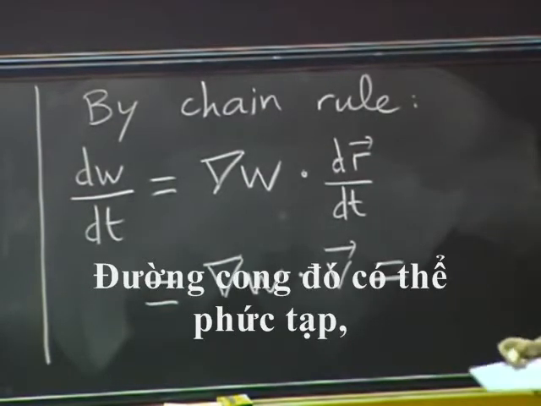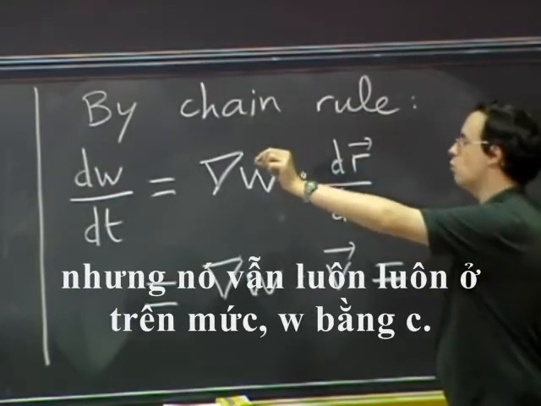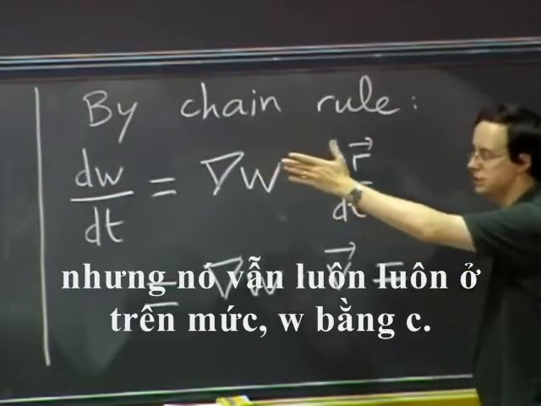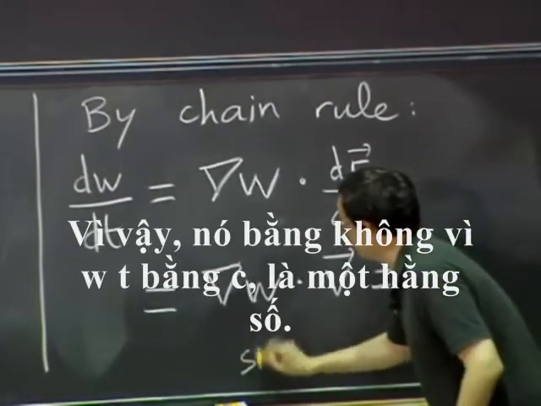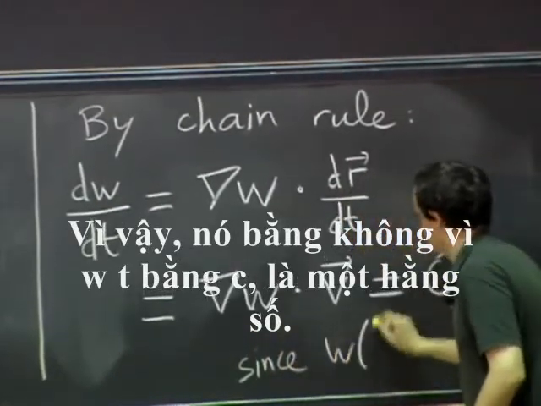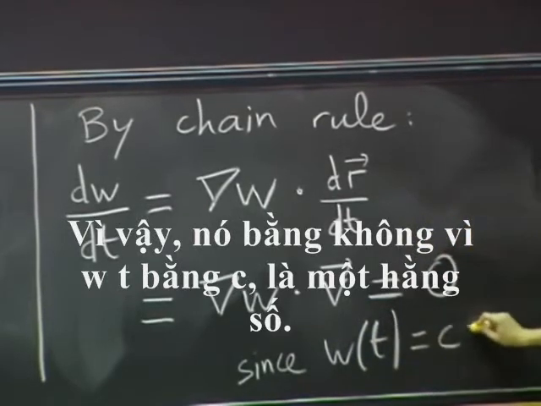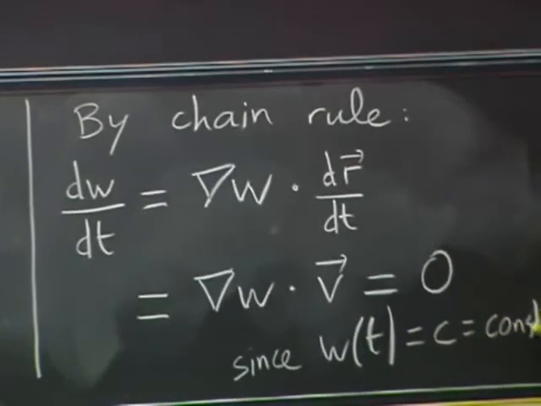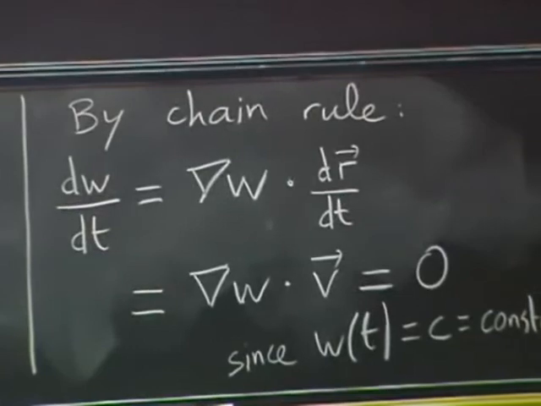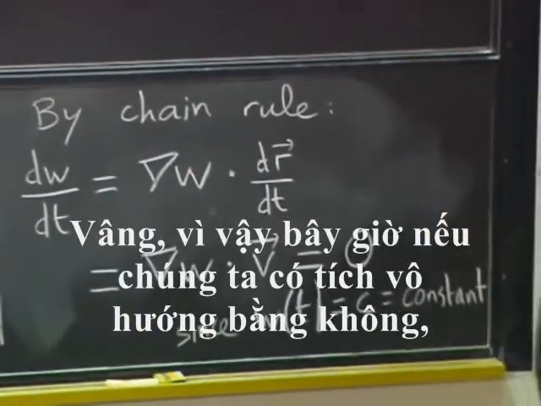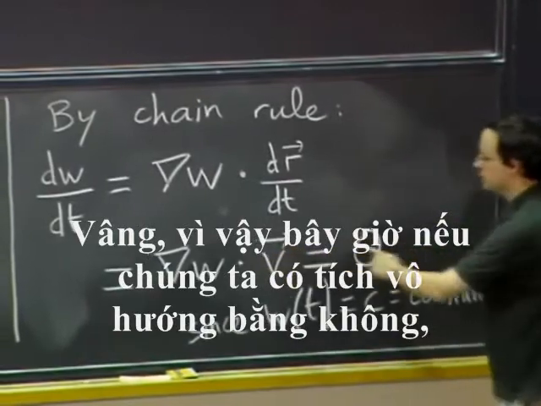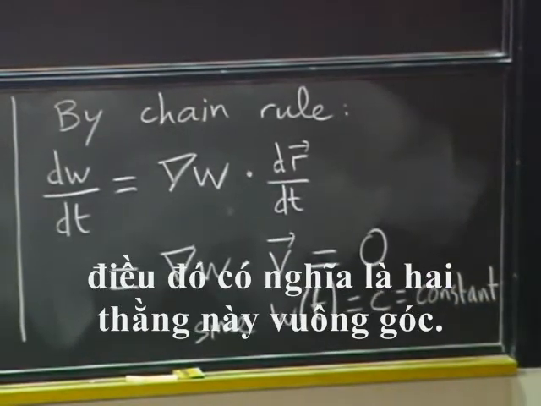That curve might be complicated, but it stays always on the level W equals C. So it's 0, because W of t equals C, which is a constant. Okay, is that convincing? Yeah. Okay, so now if we have a dot product that's 0, that tells us that these two guys are perpendicular.